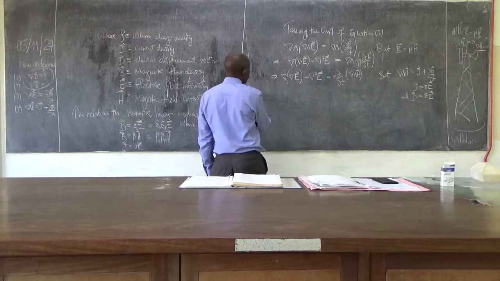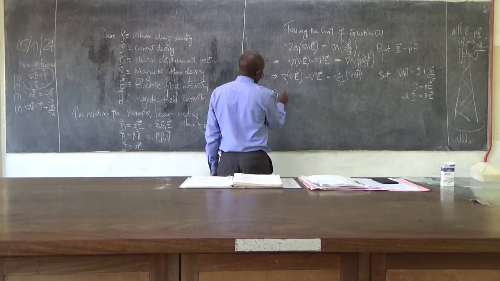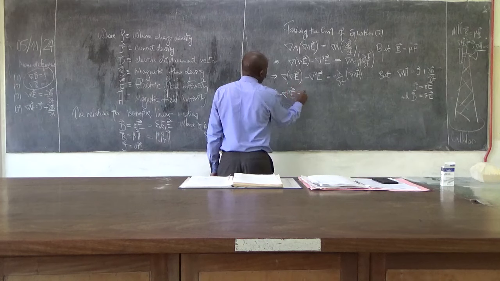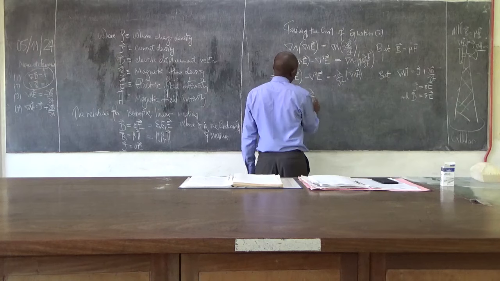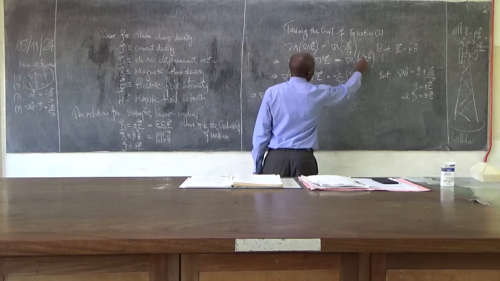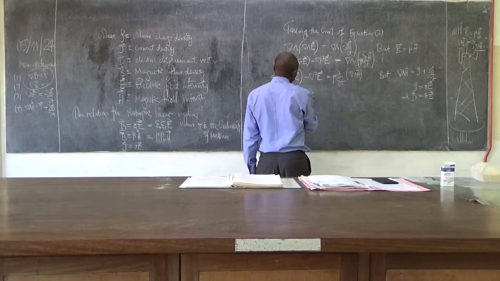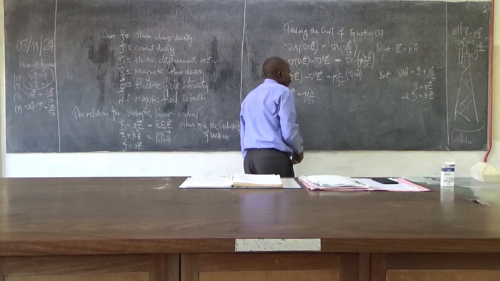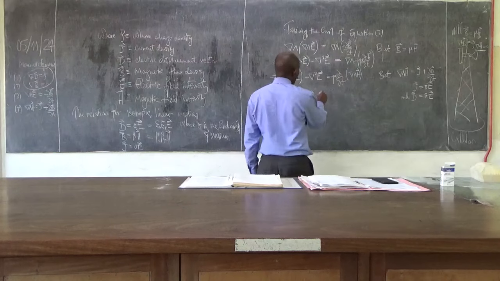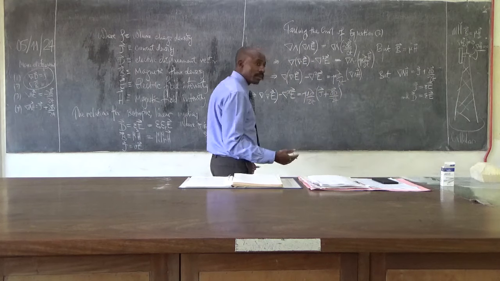So this would imply that the grad divergence of E minus grad square E is equal to minus partial by partial t. I forgot a mu. There is a mu here, so there is a minus mu here. So the curl of H would be J plus partial D by partial t. Let's take step after step.